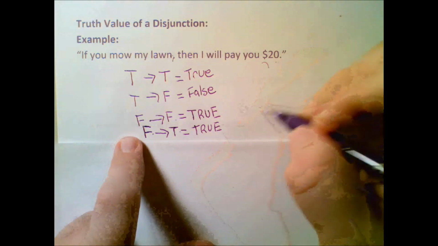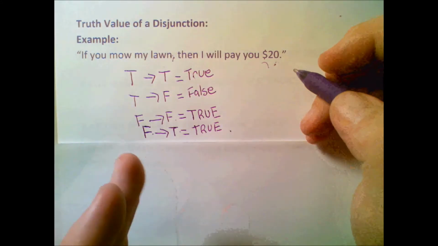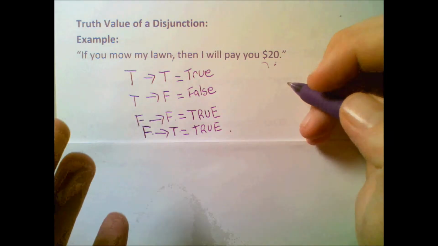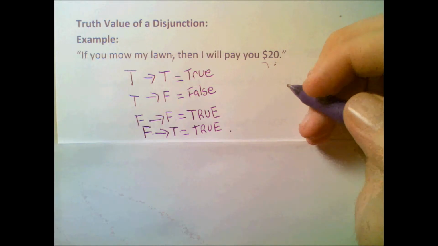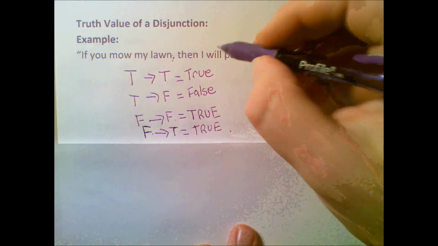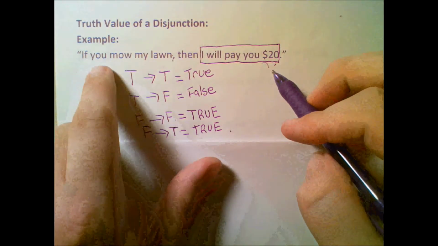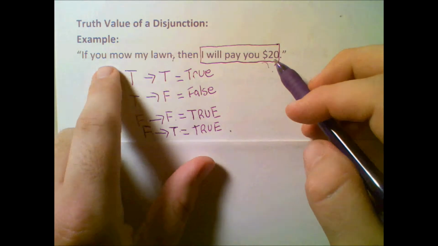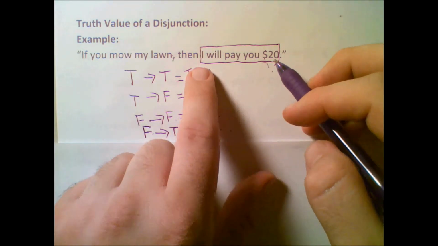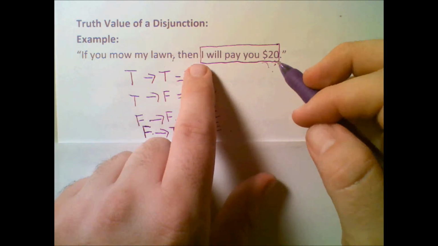The reason this is true is because we could have had a second contract that is not mentioned here. For example, if you jump in the air, I will give you $20. You jumped in the air, I gave you $20. This part of the statement is still true, even though it has nothing to do with the contract we have here. Technically, I did pay you $20, not to mow my lawn, but to jump in the air. So therefore, this was a true statement.